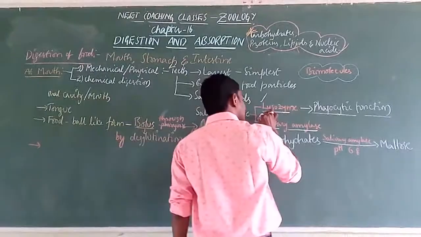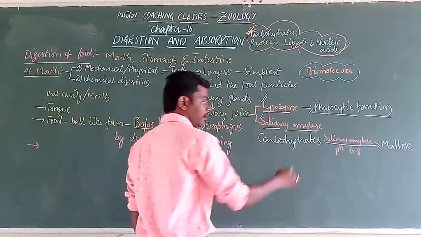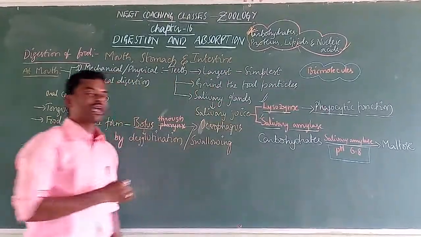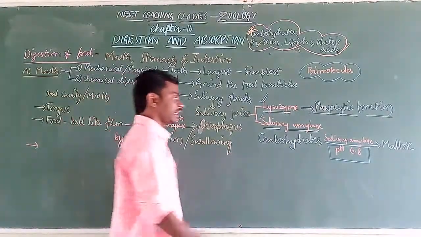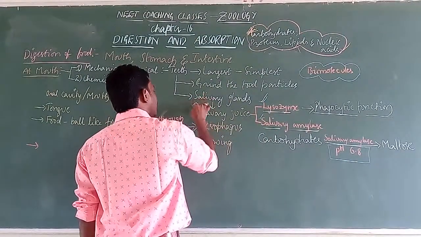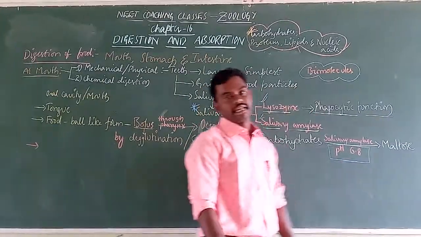Means what? The salivary amylase and the lysozyme enzyme work effectively at the pH value 6.8. The 6.8 pH value is maintained by salivary juice within the mouth itself.